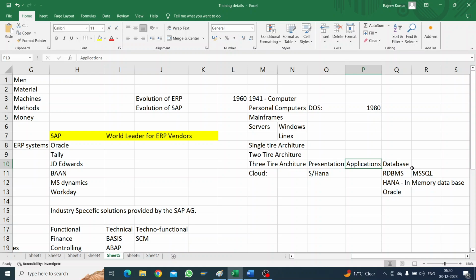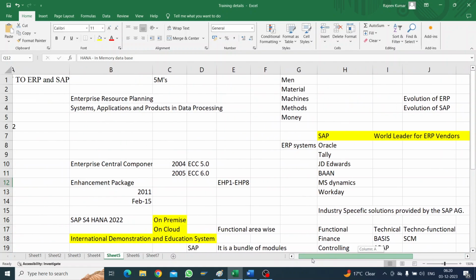Some examples of databases are MS SQL, Oracle, and also HANA. HANA is also called an in-memory database, because the functionality of RAM and database is now being merged together, and that is why it is called the HANA in-memory database. Clear? Okay.